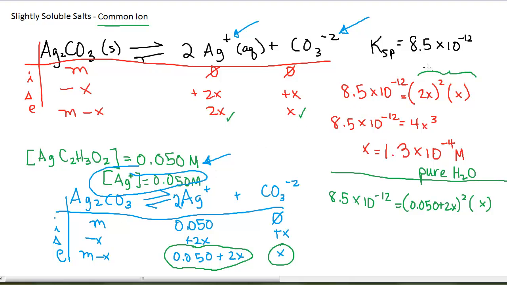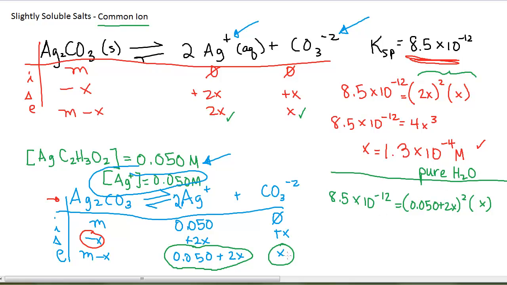Since the KSP, the solubility product constant for this equilibrium reaction, is so small, there is a very small amount of silver plus 1 and carbonate minus 2 ion that are being produced, which means my X, the molar solubility, is really small. The molar solubility in pure water was 1.3 times 10 to the minus 4.